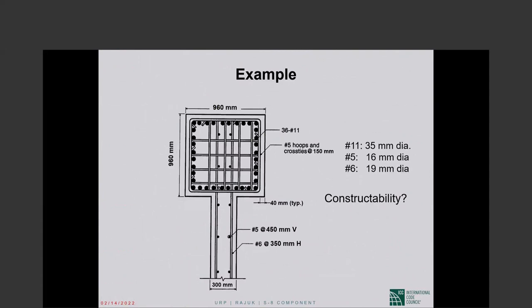Number 11 is 35 millimeter diameter bars. Again, 38 by 38 boundary elements, each with 36 number 11 bars.